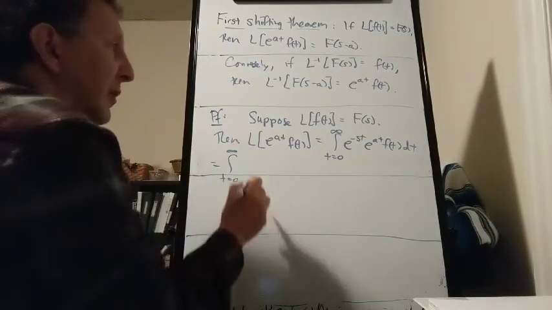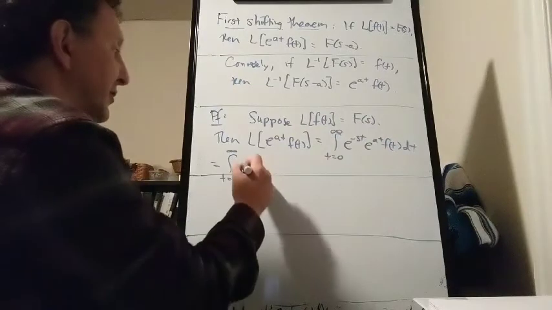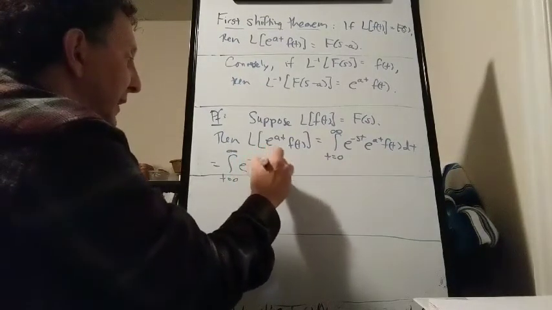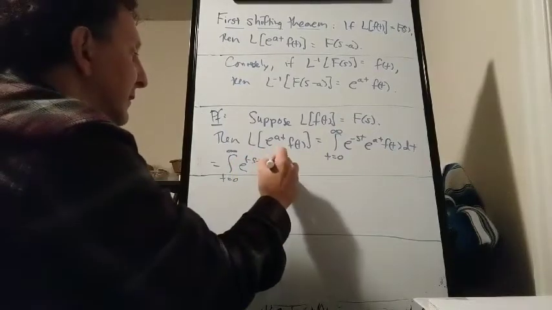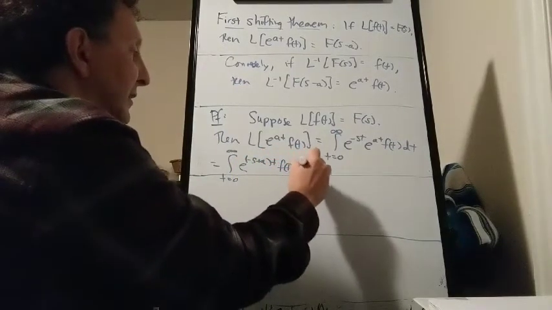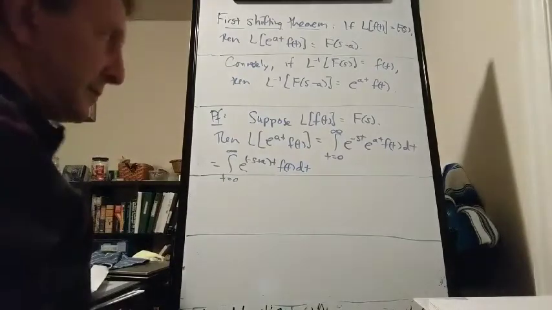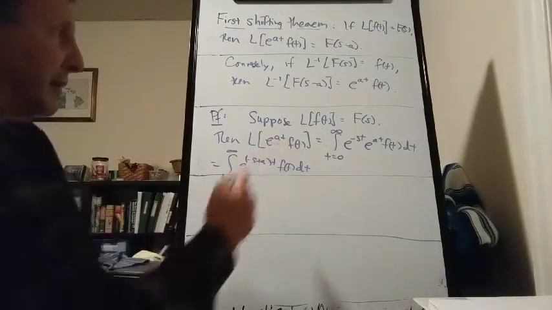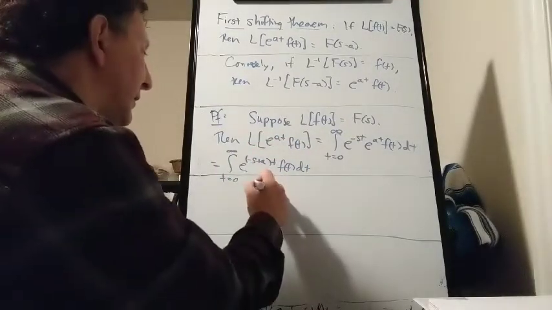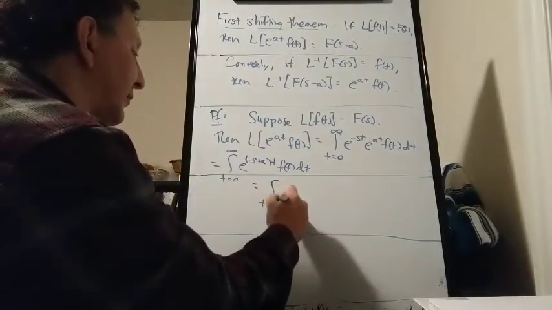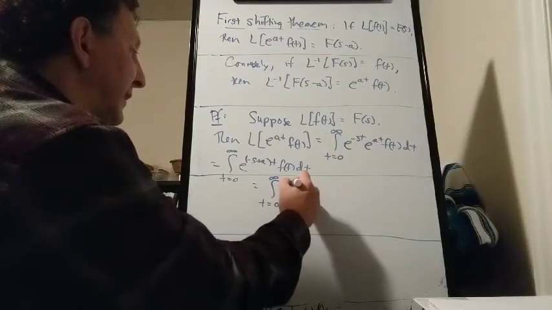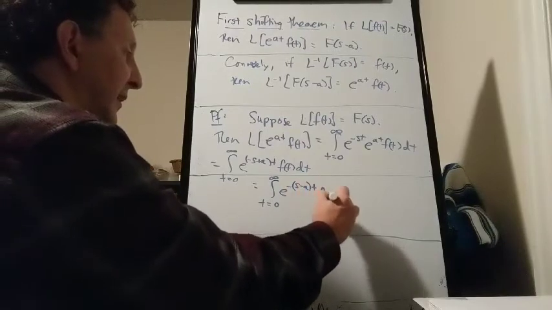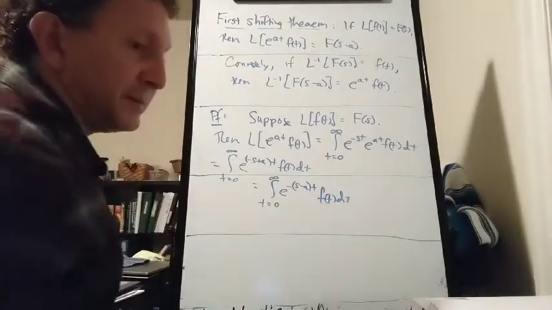And we can combine the exponentials and write this as e to the negative s plus a t f of t dt. I'm going to pull the negative out so it looks a little bit like the definition of Laplace transform. So that's the integral from 0 to infinity of e to the negative s minus a t f of t dt.